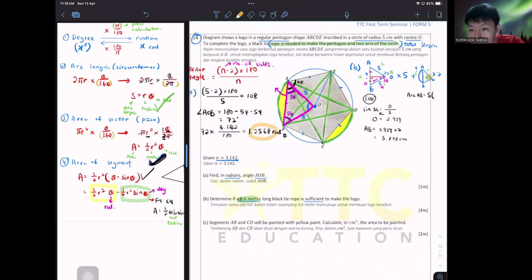The green color line is B. Oh, wait. Did I see a wrong line? Oh, I see a wrong line already. It's not AB, right? Oh, yeah, green color.